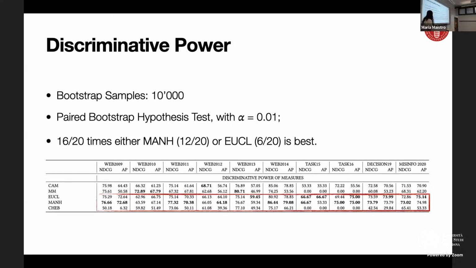Yeah, so basically, the best means that whenever they consider two different rankings, they are able to discriminate between them with a statistical test, so that there is significant difference between them.